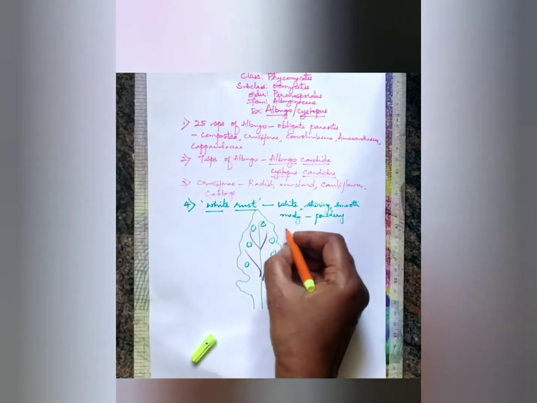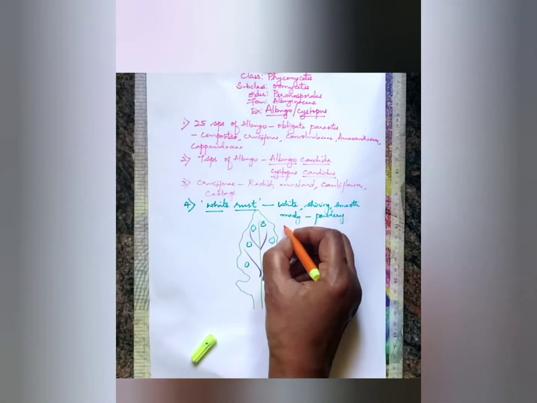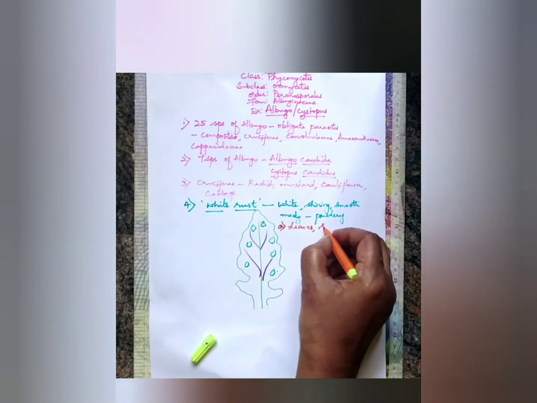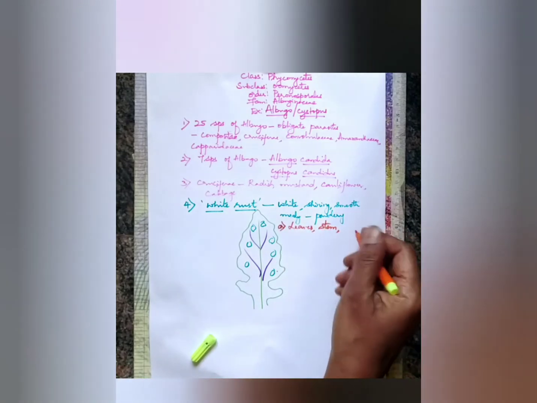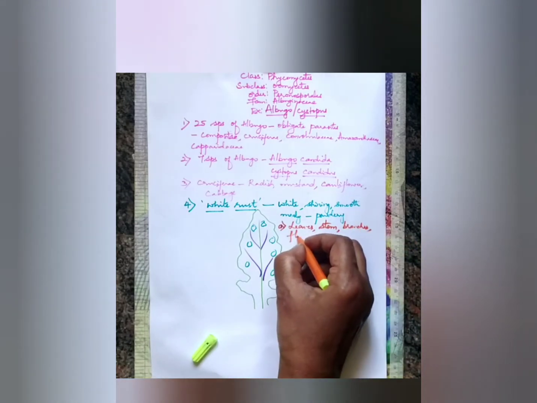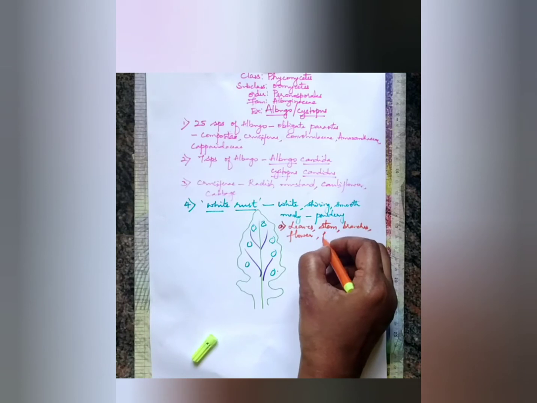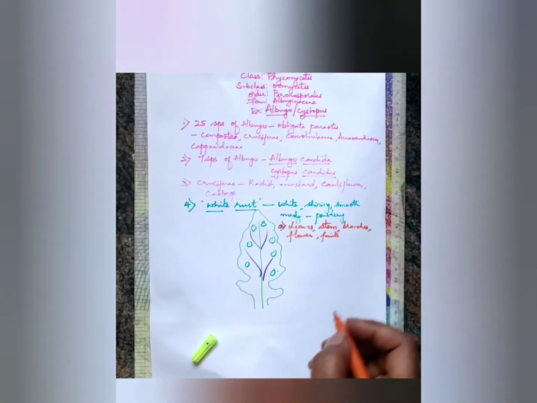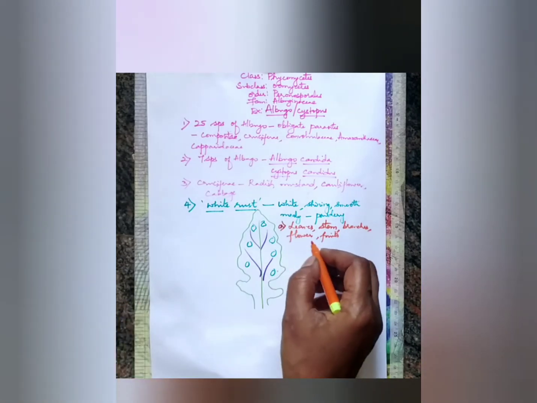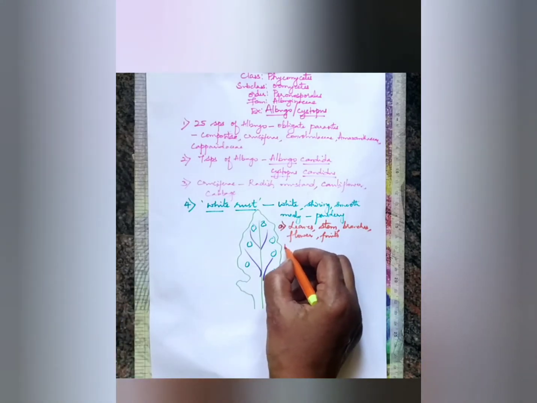It can infect any part of the plant like leaves, stem, branches, flower, fruits, etc. So what are the symptoms of this disease?